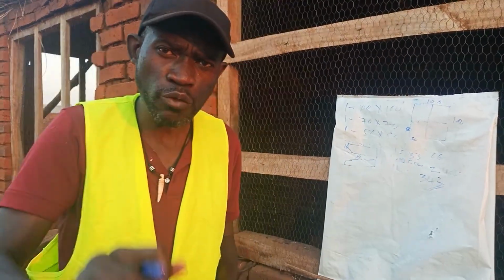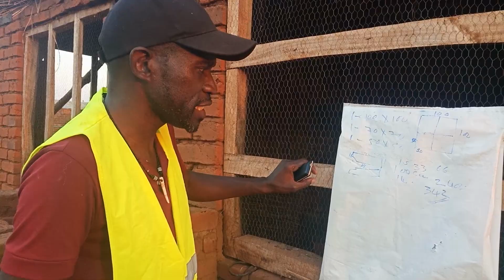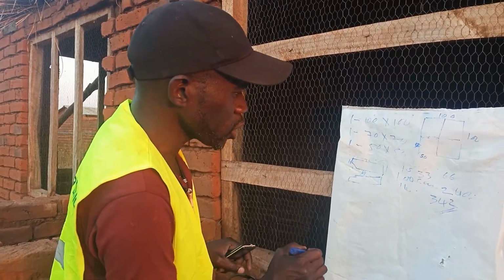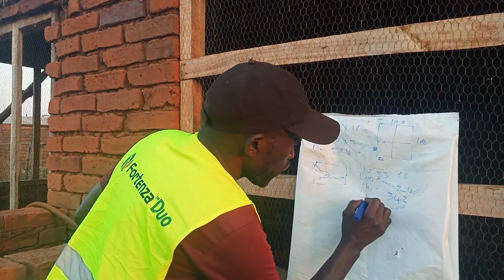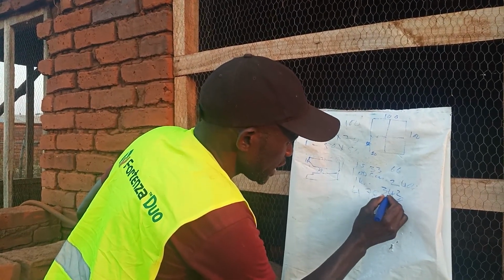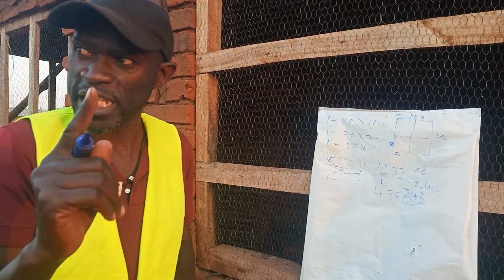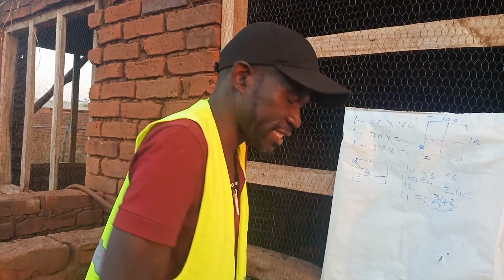So now, for us to find the plant population in one bed, we are going to multiply 14 times this one. It should give us something like 4,788. That's the plant population of one bed.